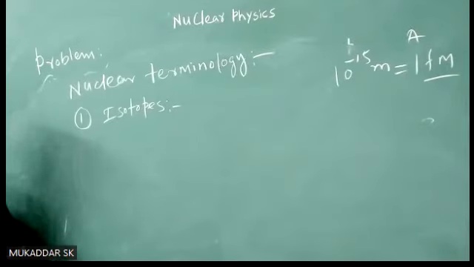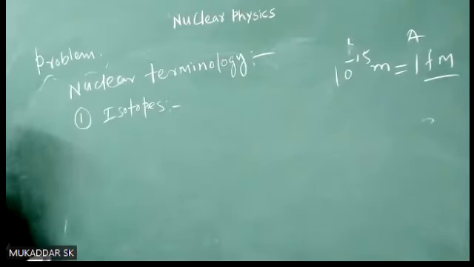Please write the definition. Nuclei with same atomic number but different mass number are called isotopes.